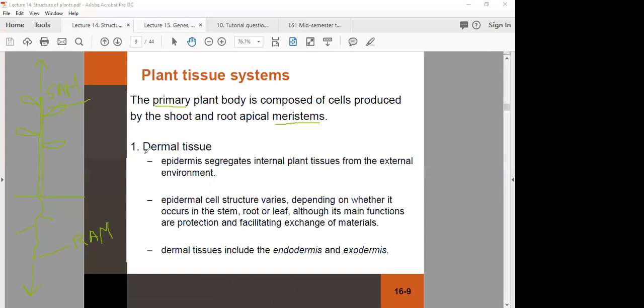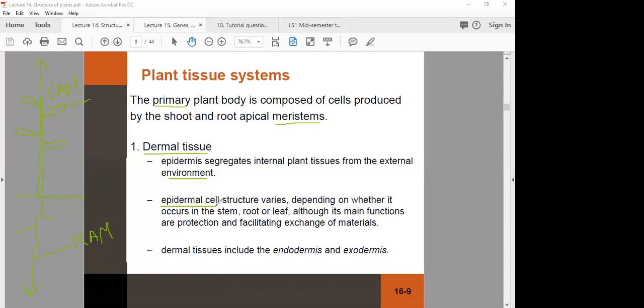All right, so first of the plant tissue systems is dermal tissue. And the major type of dermal tissue that we see is epidermis. Epidermis cells segregate the internal plant tissues from the external environment. Epidermal cell structure varies considerably depending on whether you find it in the stem, root, or leaves.